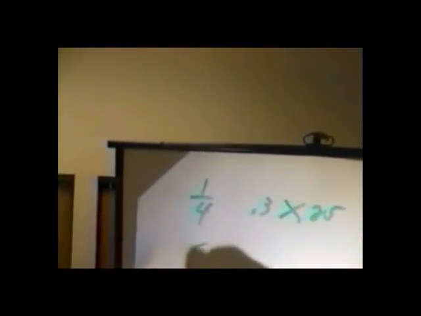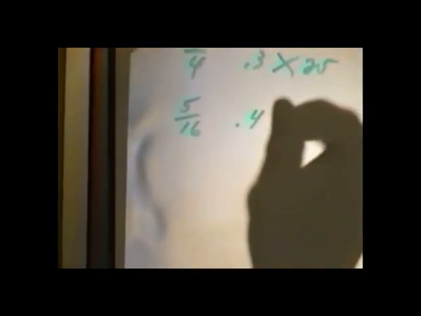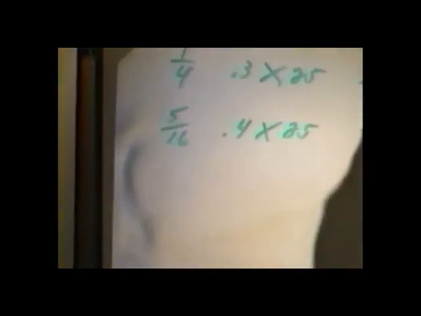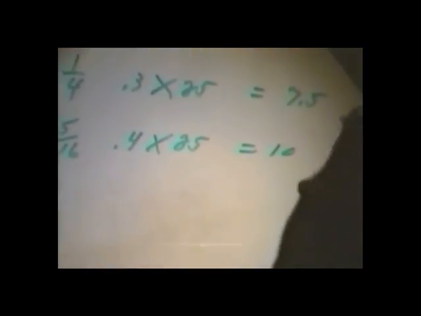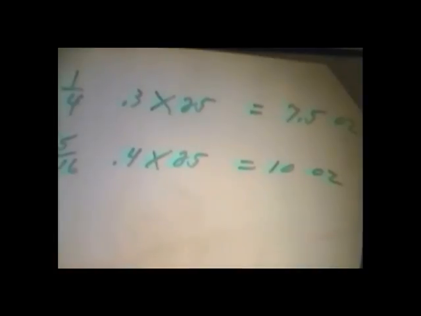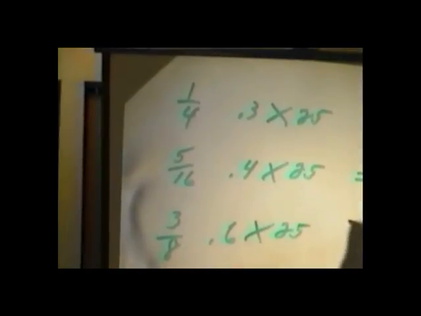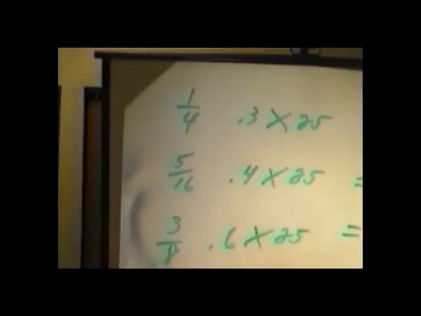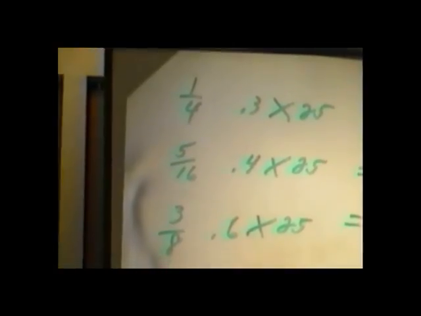Or if we have a 5/16, that is 0.4 times 25, and that would equal 10 ounces, okay? Or if you have a 3/8, that would be 0.6 times 25, and that would equal 15 ounces. We all agree on that.